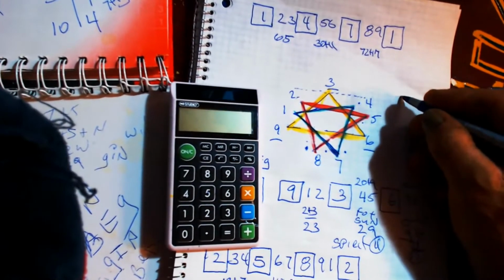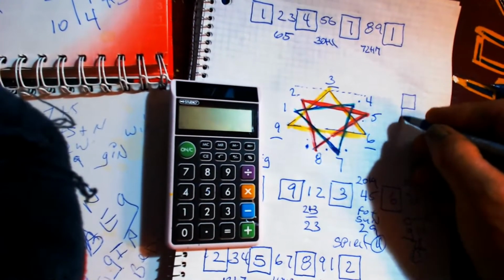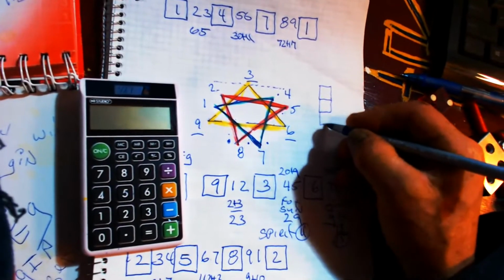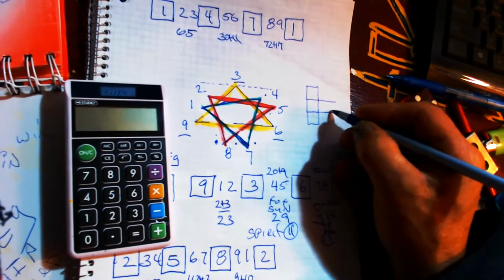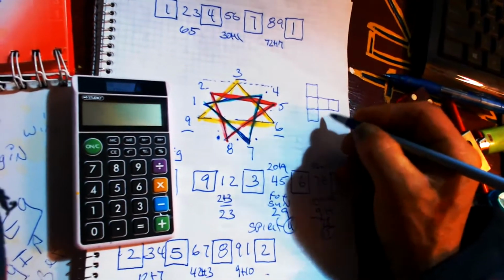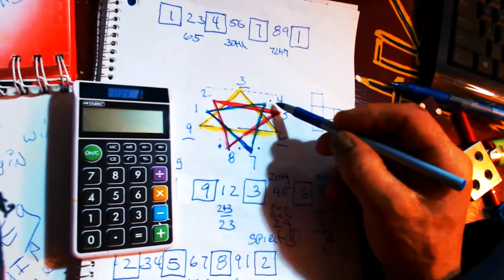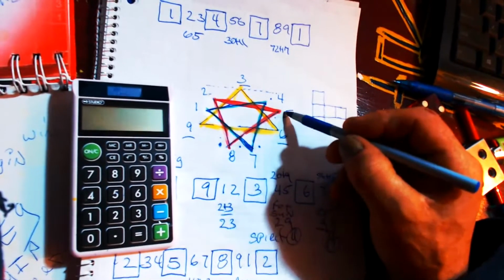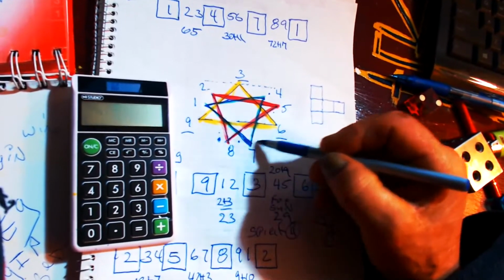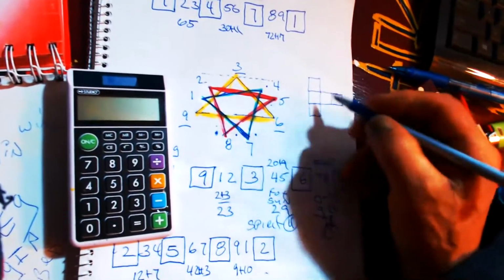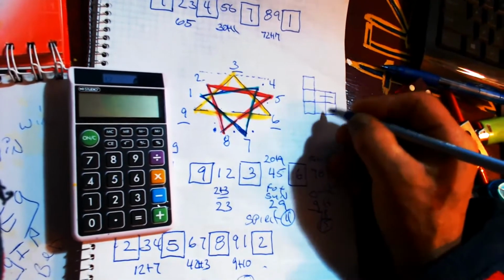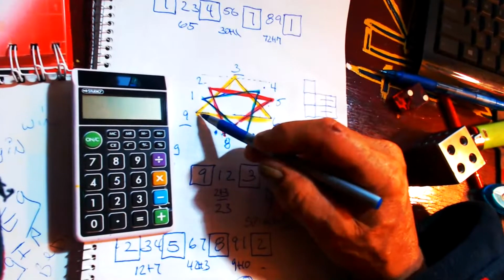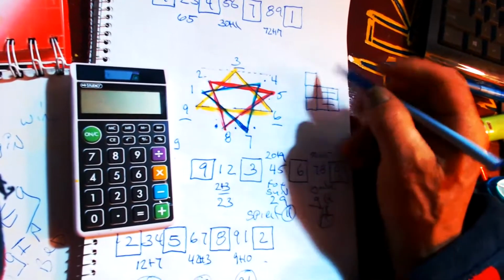Let's do this again. Between 147, it's 5 and 6. In between 147 is 8 and 9. And in between 147 is 2 and 3.